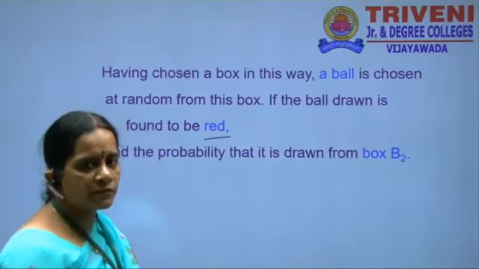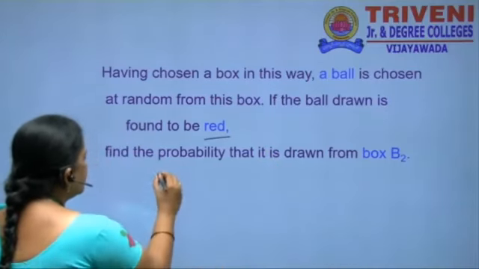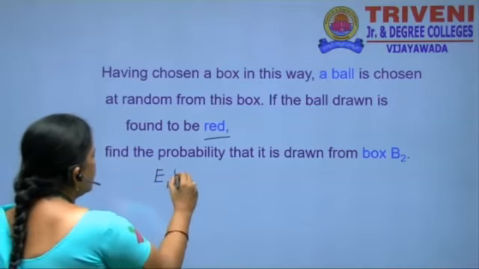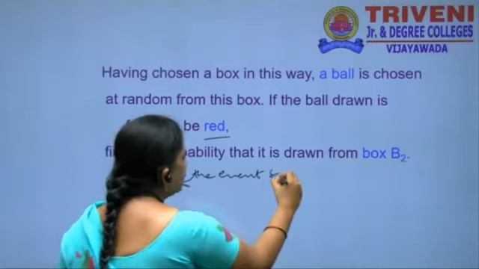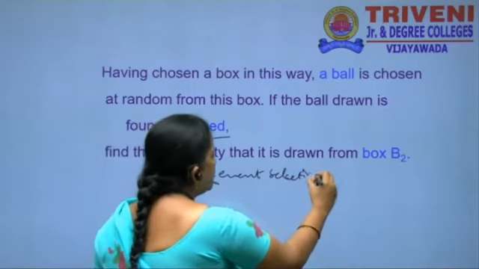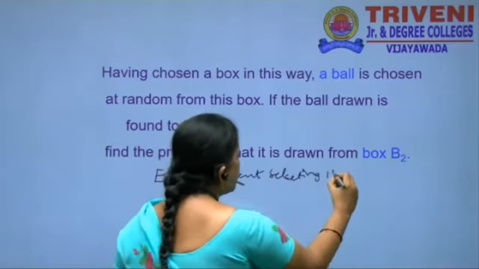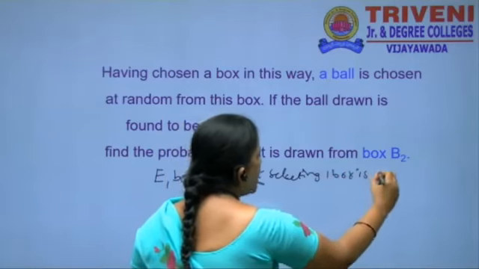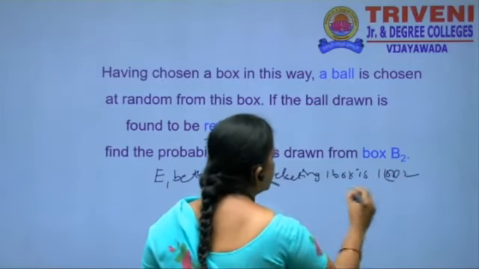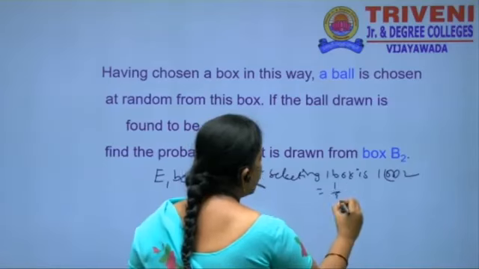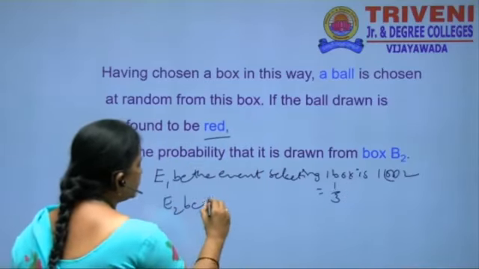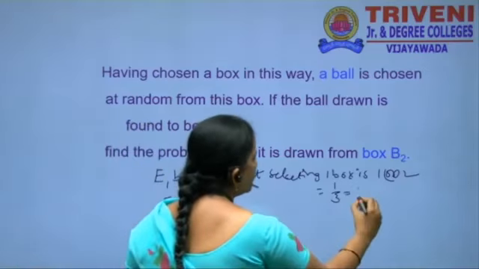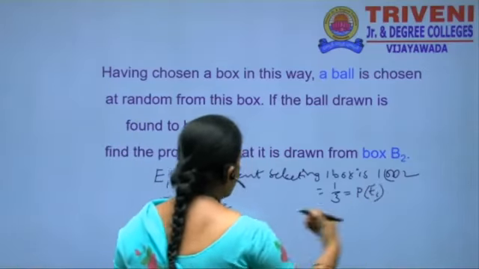Let E1 be the event of selecting the first box, that is, 1 or 2 turns up. That is 1 by 3. Here also we have to take it as P(E1).